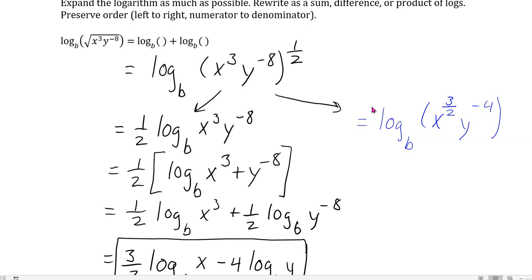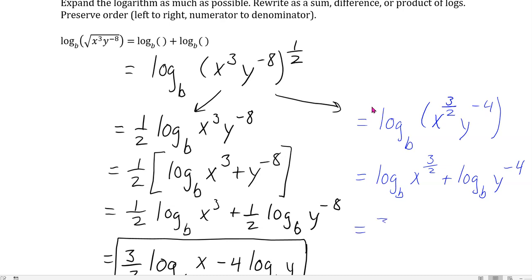The next thing we need to do after that is to apply the product rule to split the product into the sum of two logarithms. This gives us the log base b of x to the 3/2 plus the log base b of y to the -4. Then we need to apply the rule that says pull the power to the front of the logarithm.